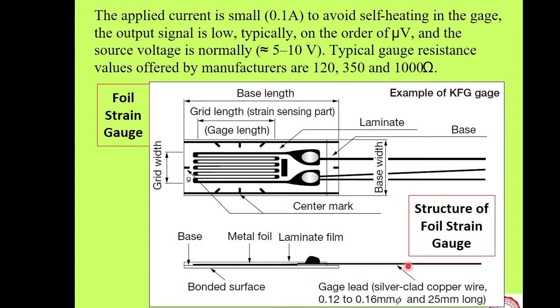The resistance of this wire is also a factor in our strain measurement. So, what is the maximum length, what is the resistance, etc. These are also specified by the gauge manufacturers or the instrument manufacturers. There has to be some matched pair, some recommendation is there.